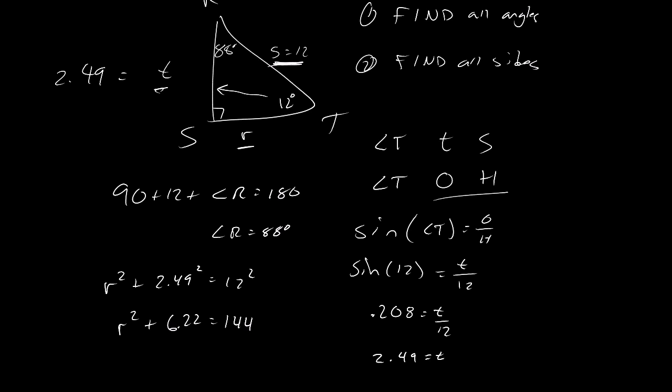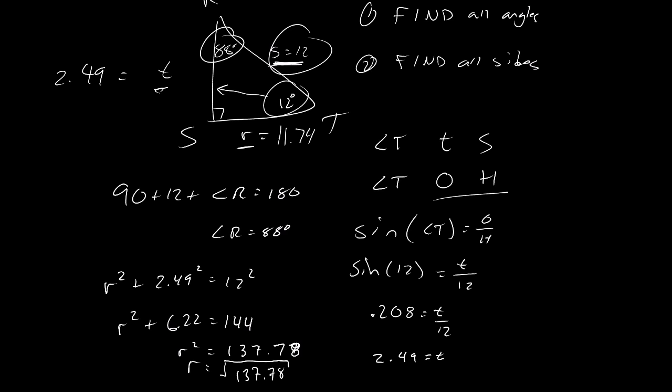So 144 minus 6.22 is R squared, and that comes out to 137.78. So R is equal to the square root of 137.78, and if we take the square root, it's going to be 11.74. So we have solved our triangle. Hooray! We found all our angles, we found all our sides, and thus we're done.